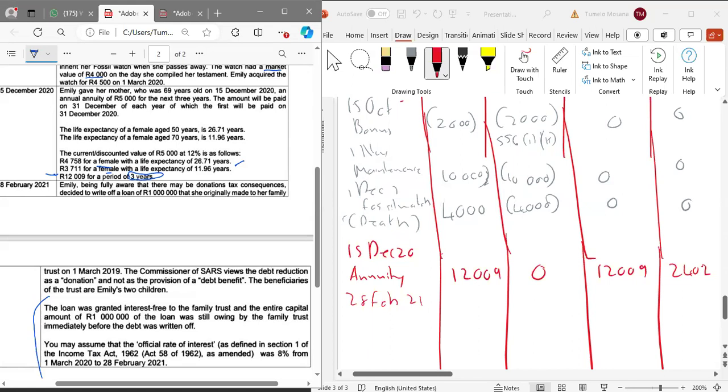All right. Why not? Because it's not donated. You gave someone money and then you told them, do not pay me back. Why can't it be a donation? Because essentially you donated that money because you don't want the repayment. Because you didn't ask for it back.